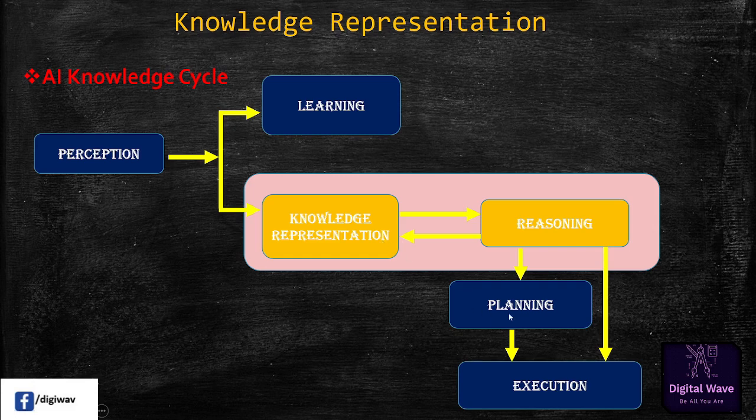The planning and execution depend on the analysis of knowledge representation and reasoning. So this is how we have understood knowledge representation, and we have also studied some types of knowledge, the AI cycle, and the relationship between knowledge and intelligence.